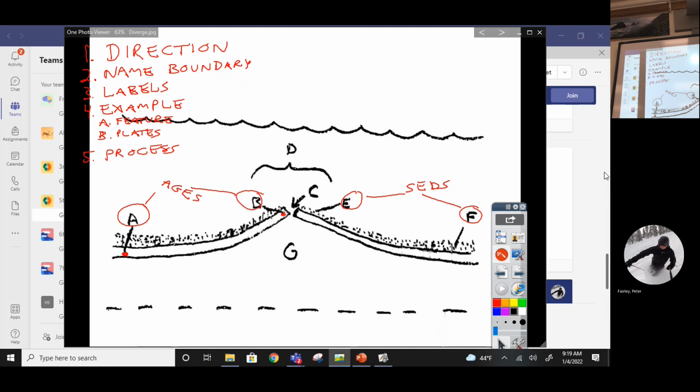Try A again. I want to know about the ages of. See the dot, the red dot that I drew? I want to know how old that is compared to B. And then B is the same thing, but a different age.